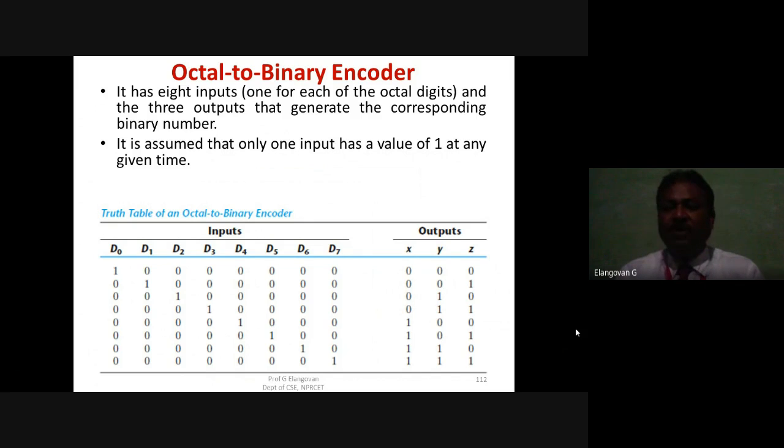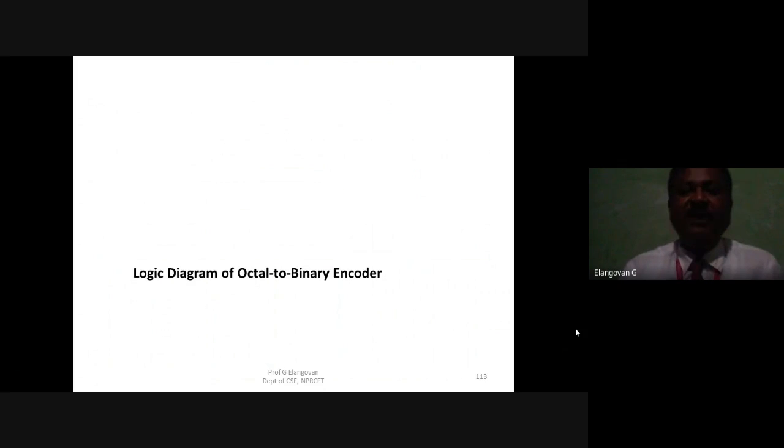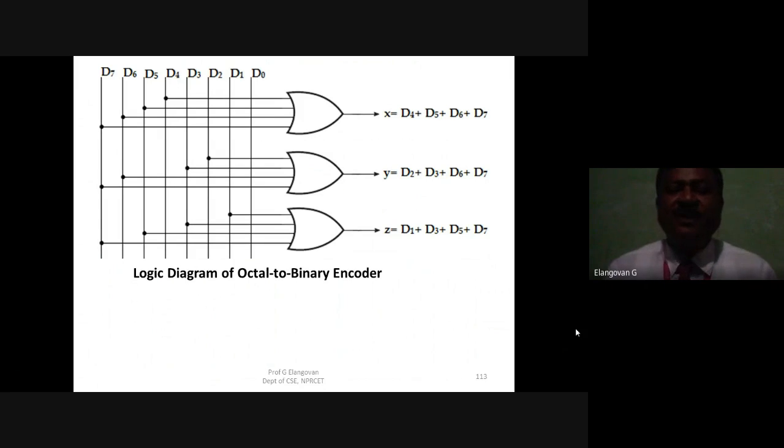Look at the output: we have 3 outputs. 8 is equal to 2 power 3, so with 8 inputs we get 3 outputs. From this table, we can get the expressions for Z, Y and X. Z is high during D1, D3, D5 or D7. Like that, we get the expressions for X, Y, Z. So we can draw the logic circuit with simply OR gates, and for this combination we get the output like this.